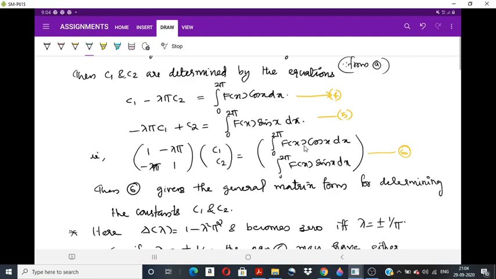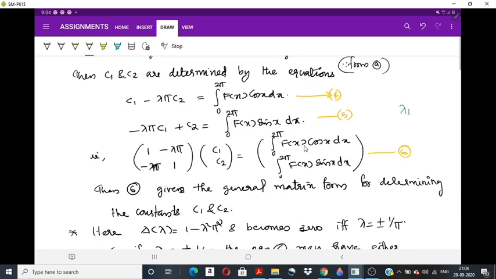That is, for lambda equal to lambda 1, the first characteristic value, the equation has a solution or infinitely many solutions whenever the condition is that f of x must be orthogonal to the characteristic function corresponding to the characteristic value.